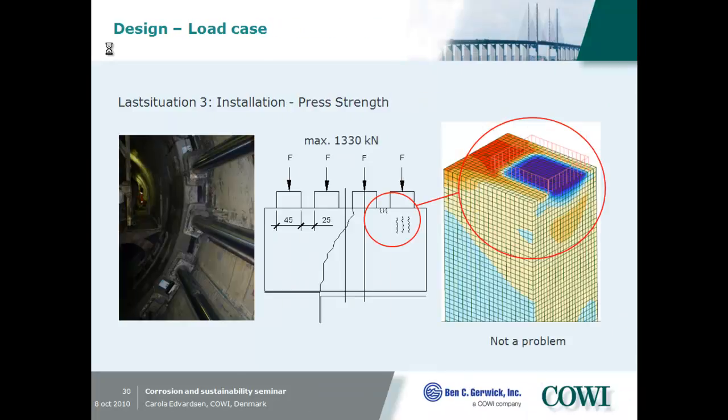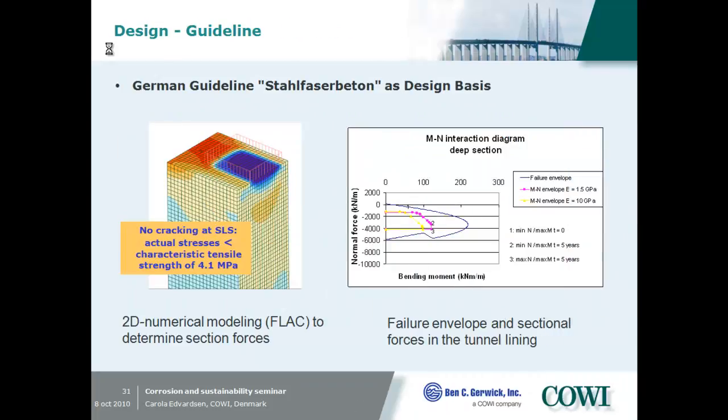We used this German guideline, and we used a program called COBI FLEG, but you can use any sophisticated modeling program, and we found out that there is no cracking expected under this pressure. And therefore in this tunnel we only need steel fiber reinforcement, nothing else. No traditional reinforcement at all.